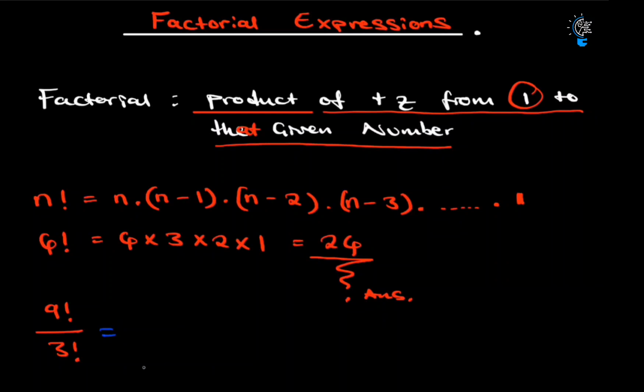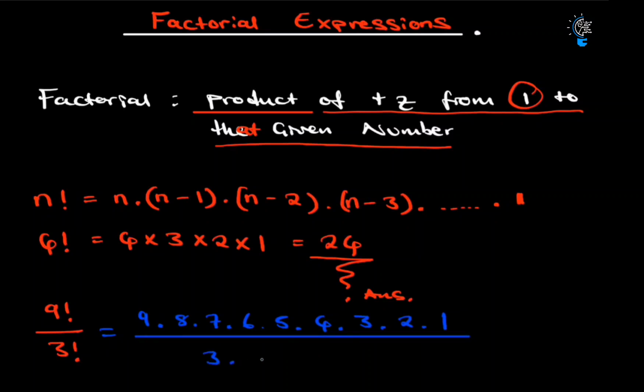If you have an expression like this one, what you can do is expand the numerator. So 9 factorial can be written as 9 times 8 times 7 times 6 times 5 times 4 times 3 times 2 times 1, and 3 factorial can be written as 3 times 2 times 1.